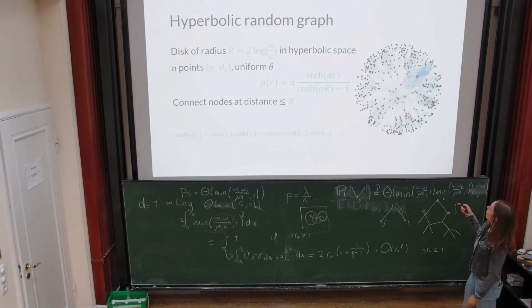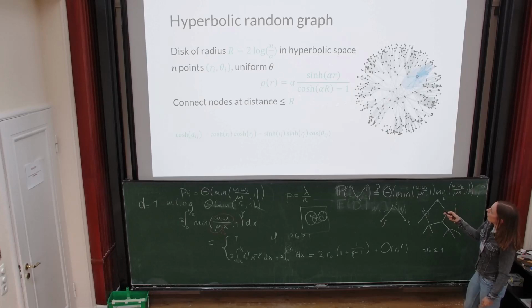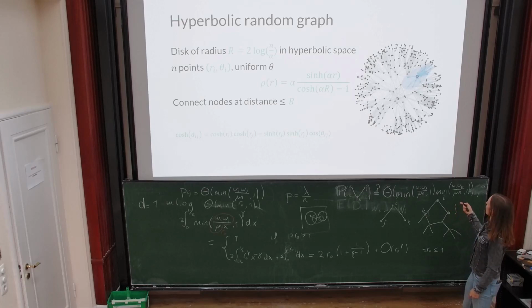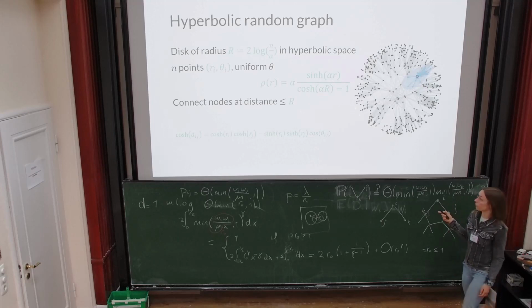Their angle is uniformly distributed, but the distance to the center follows this specific law. This basically means that you're very likely to be very close to the border, and not very likely to be here. That's what you get if you draw this distribution.